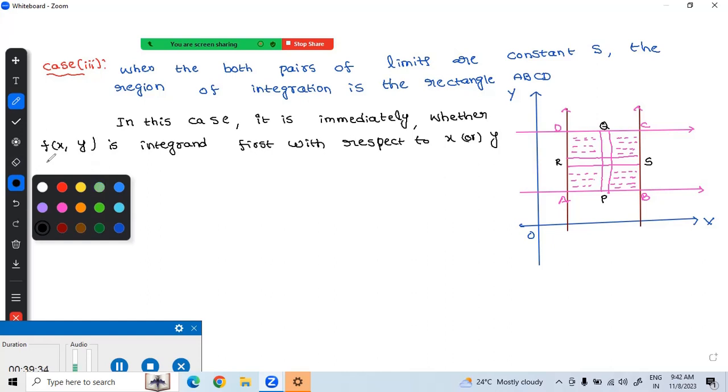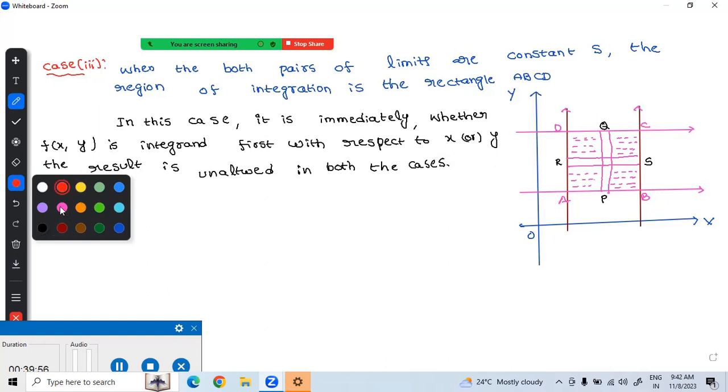The result is the same in both cases. So both cases are the same.